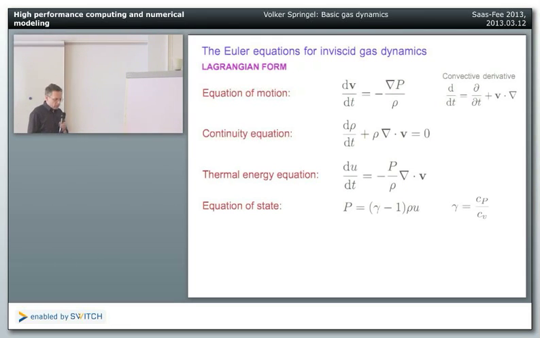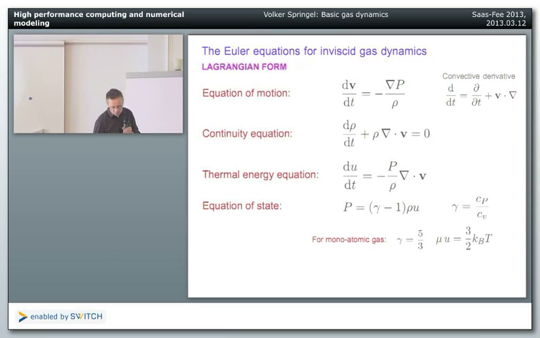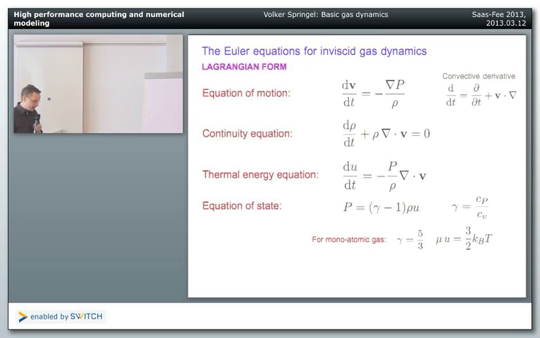Then you have the equation of state, which is actually relating the pressure that you get for the gas, which appears here, and also in the equation of motion, to the thermal energy per unit mass, to the temperature. So this is a constitutive relationship, a material property, and for an ideal gas it takes this form. The gamma is the ratio of specific heats, and most relevant is usually monoatomic gas, gamma of 5/3, and then also in this case the thermal energy per unit mass and the temperature are related like this.